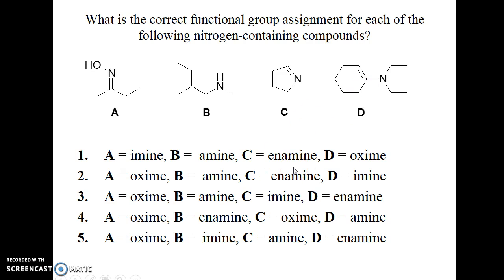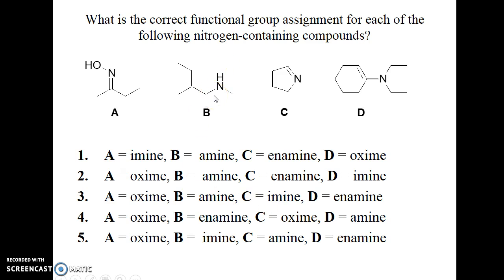So what is the correct functional group assignment for each of these? Well, D is an enamine. So let's find anything that says D is an enamine. So that's going to be 3 and 5. C is going to be an imine. So 3 says C is an imine.